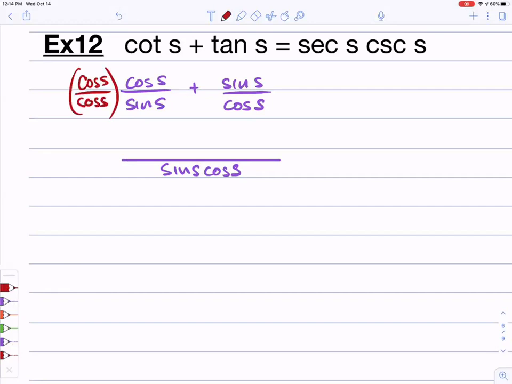I don't know why it's hard to write an angle of S for some reason. And then this guy is missing the sine. I don't know, it just feels sinful or something. Thanks, I'm glad somebody got it. All right, so on top we've got cosine squared plus sine squared. We know that cosine squared plus sine squared is equal to 1.